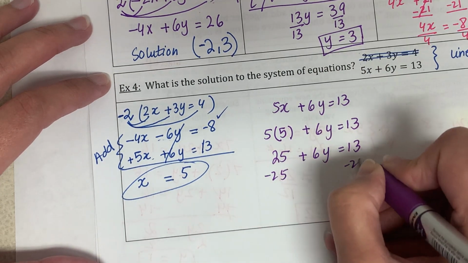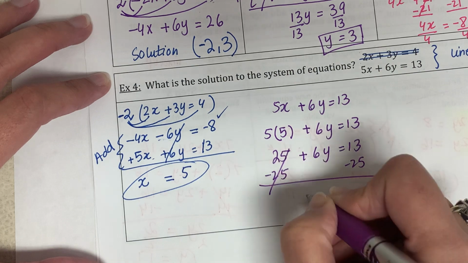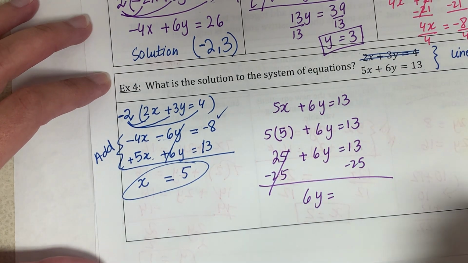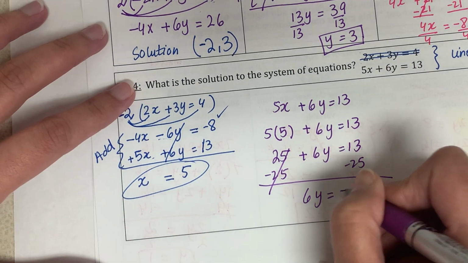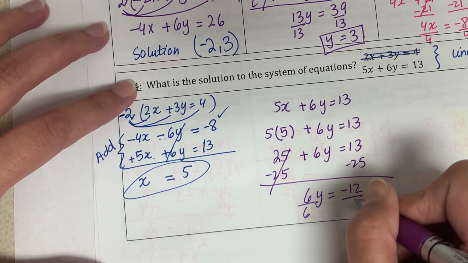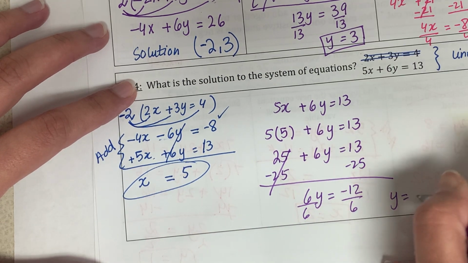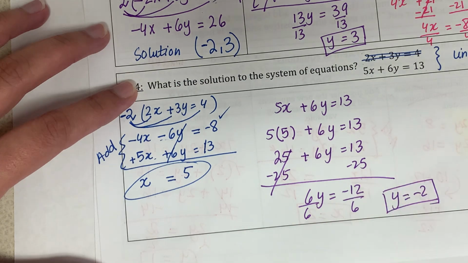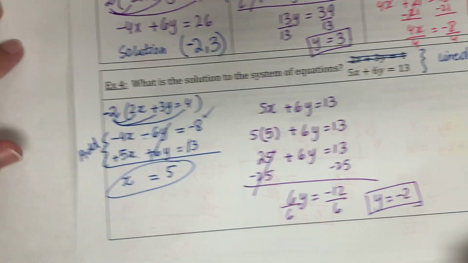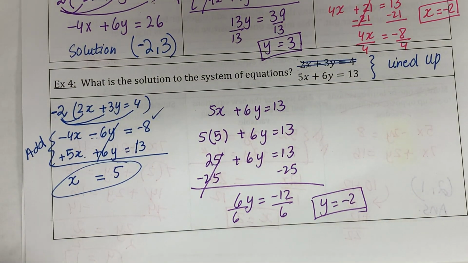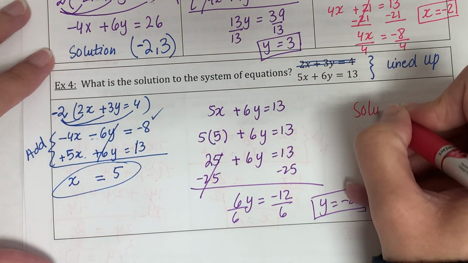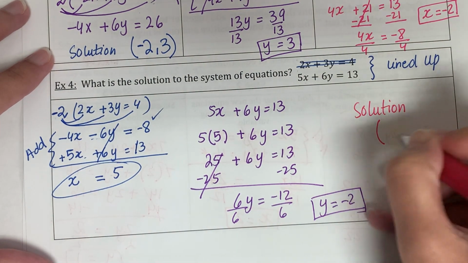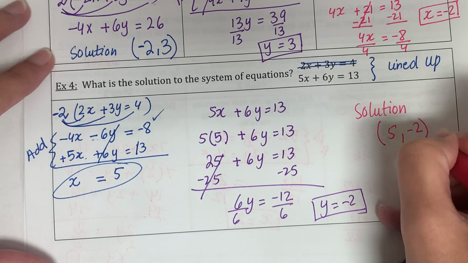Minus 25, minus 25. 6y is equal to 13 minus 25. Is it negative 12? Yes. Divide by 6. So y is negative 2. There you go. I have both my x and y values. The solution is 5 comma negative 2.